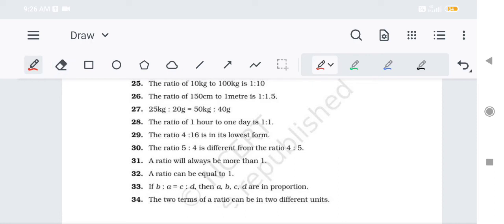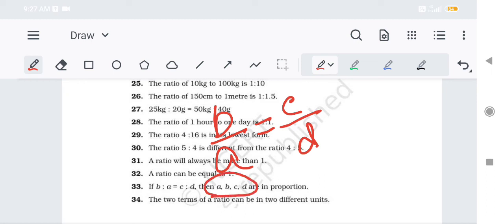If B is to A is equal to C is to D, then A, B, C, D are in proportion. Now see, here for being a proportion, we have to check whether the product of the last two terms, means the extreme terms, is becoming equal to the product of the middle terms or not. So here A, B, C, D are in proportion given.